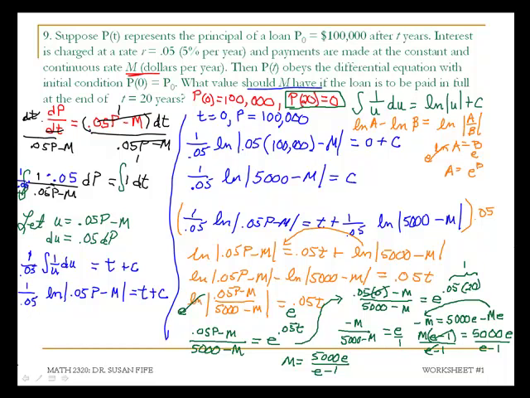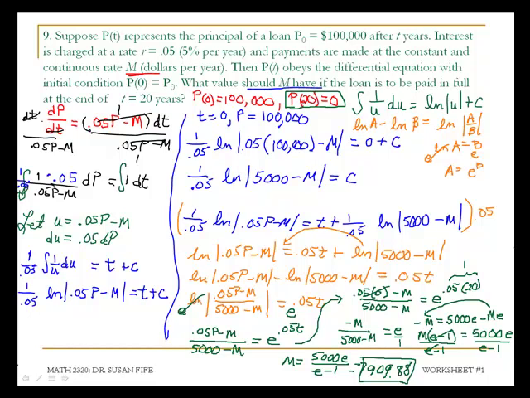If you work that out on your calculator, 5,000 e divided by e minus 1, you get approximately 7909.88.